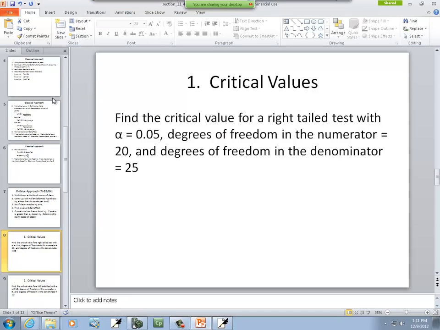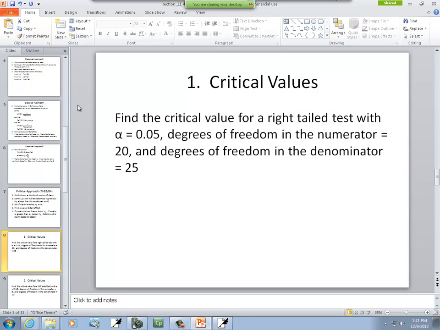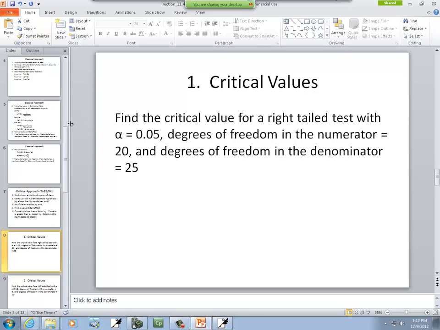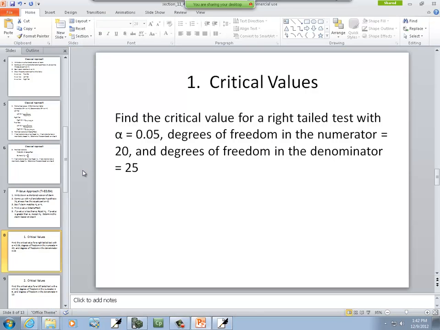Degrees of freedom in numerator, I'll say NDF for numerator degrees of freedom, equals 20. And degrees of freedom in denominator, DDF, is 25. And it says we want to find a critical value.